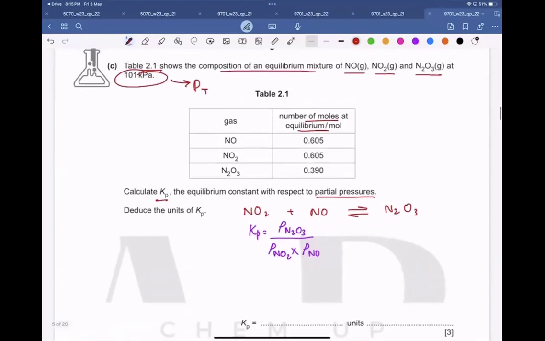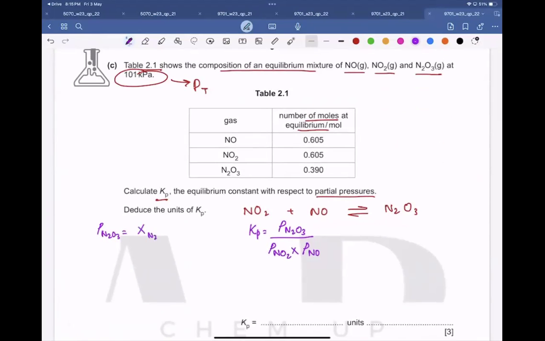So recall the formula: the partial pressure of N2O3 can be calculated by multiplying the mole fraction of N2O3 times the total pressure. The mole fraction of N2O3 is moles of N2O3 divided by total moles. So can anyone calculate the total moles here? That is 0.605 plus 0.605 plus 0.390. Can anyone calculate it?